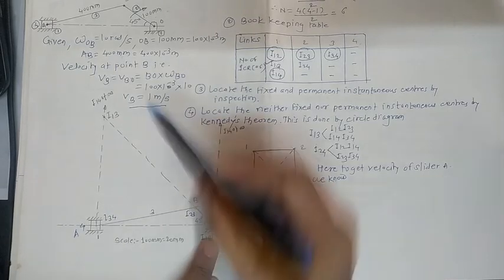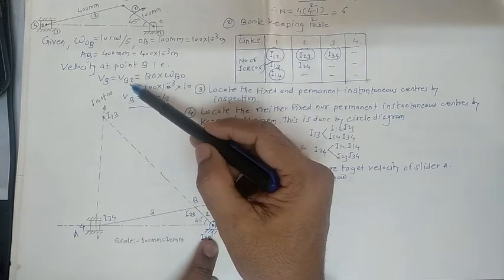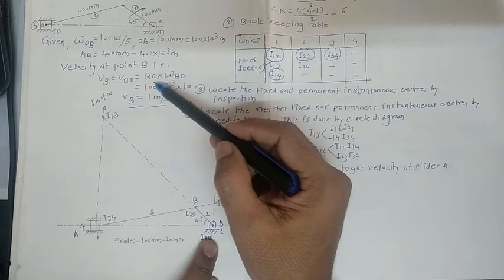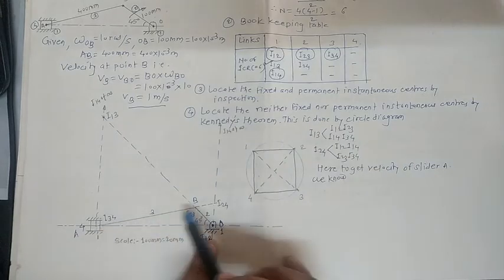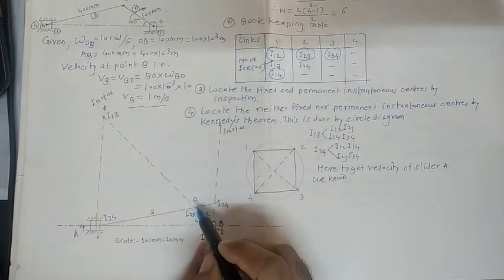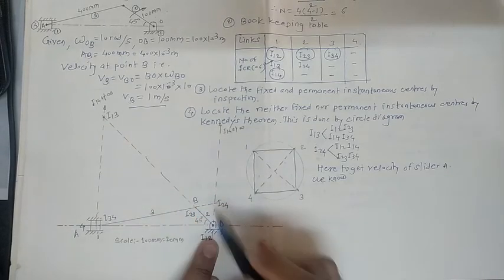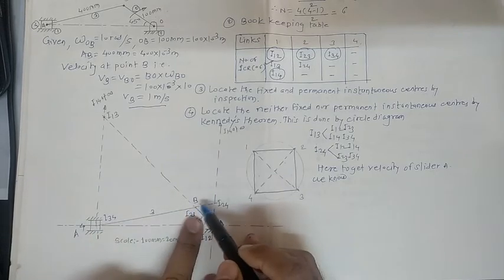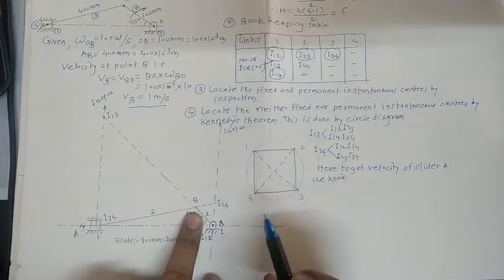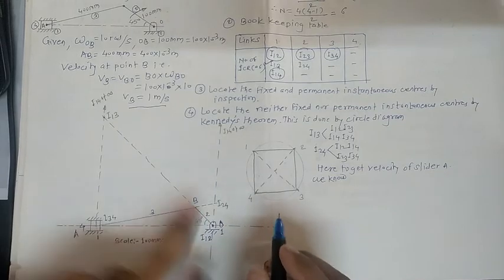Here VB equals VBO equals BO multiplied by the angular velocity of the same link. This is nothing but the next link. Here B is common in between link AB and BO.